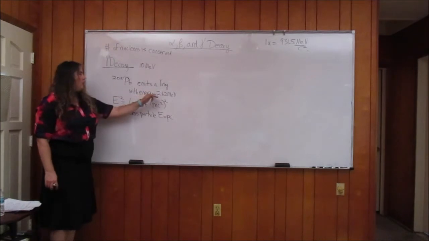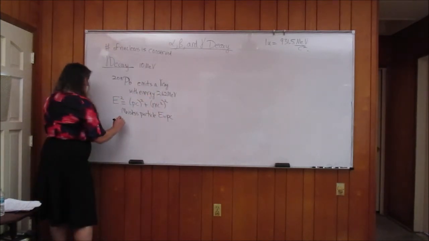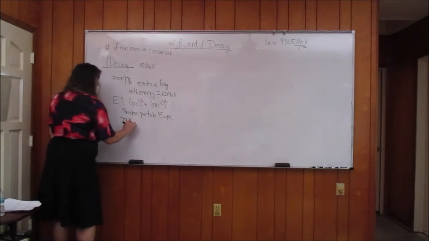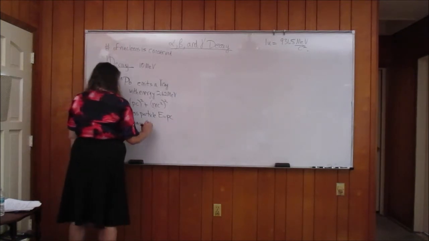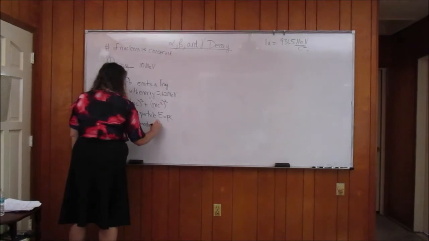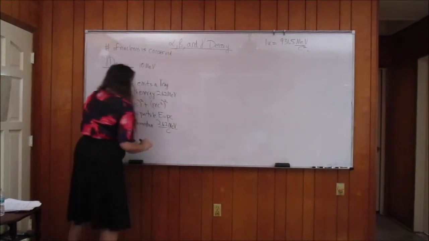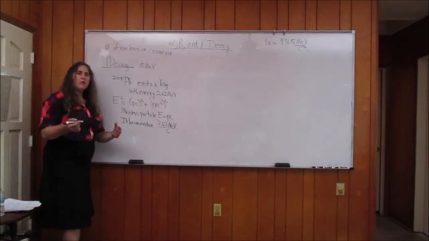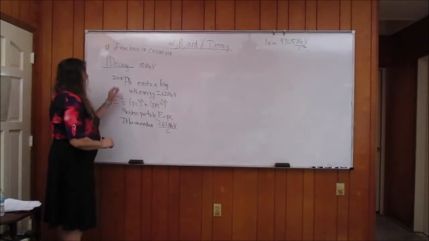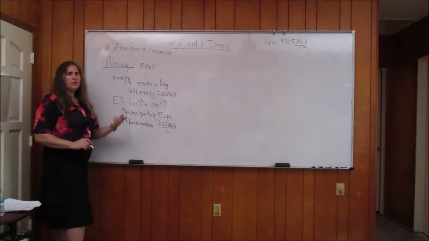So if the gamma ray has energy 2.62 megaelectron volts, it has momentum 2.62 megaelectron volts over c. And therefore, by conservation of momentum, the nucleus has to have the same magnitude of momentum, but opposite direction.